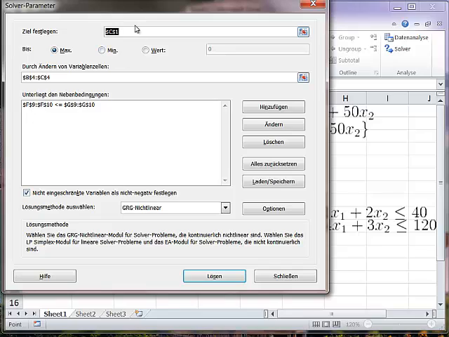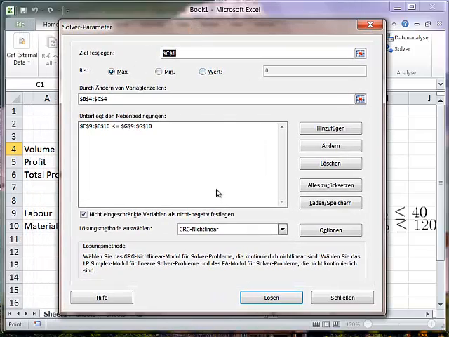And since we're maximizing, we don't really have to be too concerned about negative values. And we are going to use the classic standard simplex algorithm. And then we are going to solve it.